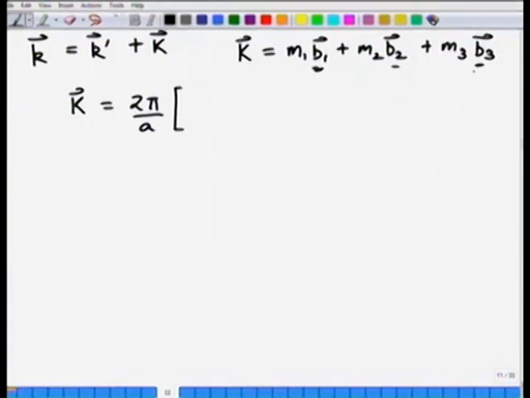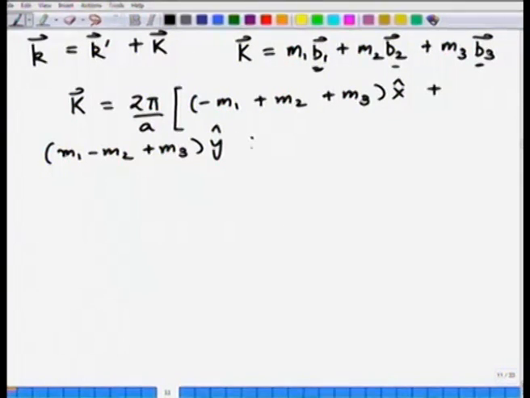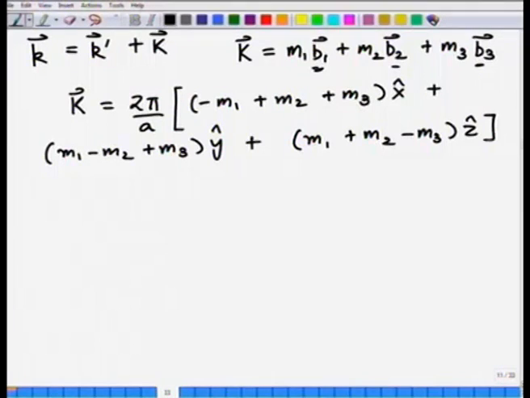That K then becomes minus m1 plus m2 plus m3 times the x vector, m1 minus m2 plus m3 times the y vector, plus m1 plus m2 minus m3 times z hat. So that's the K vector.